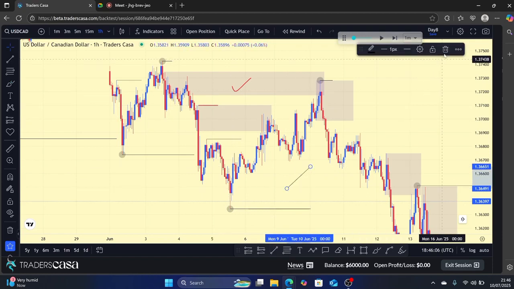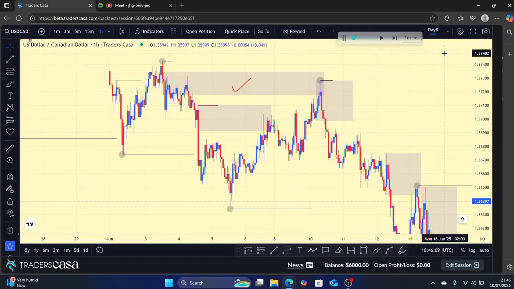The only part that will mess you up in identifying the engineering liquidity is marking the wrong extreme POI. If you mark the wrong extreme POI, your engineering liquidity might also be wrong. That's why I'm saying you need to be good at identifying the order blocks. You also need to be good at identifying the correct valid pullbacks, because if you identify the engineering liquidity in an invalid pullback, that engineering liquidity is also invalid.